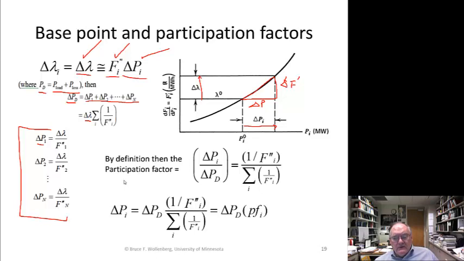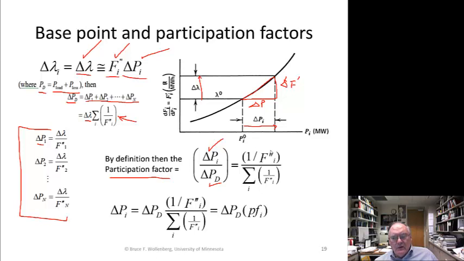Now what I want to do is calculate my participation factor. My participation factor says, what is the change in generator I divided by the total change in load that I need to track? Remember here I've got the delta PD as delta lambda times this sum. But what do I put in for the delta lambda? I go back up here for delta PI.